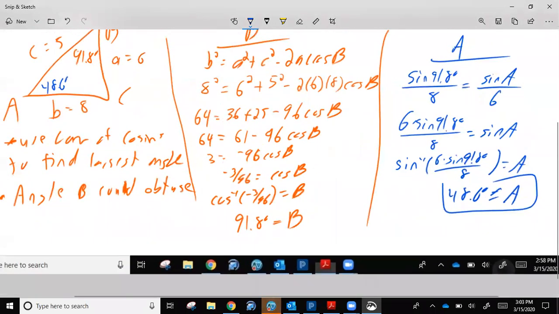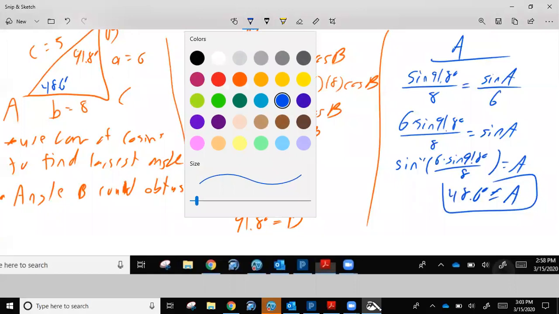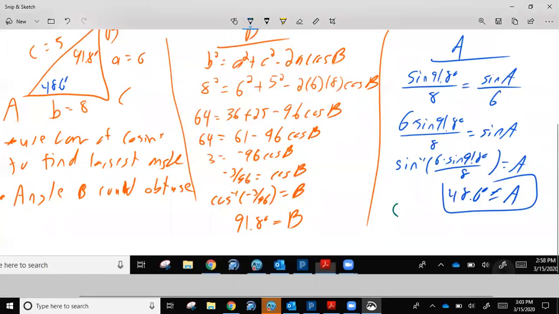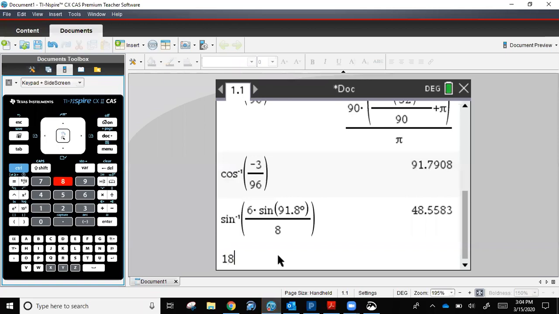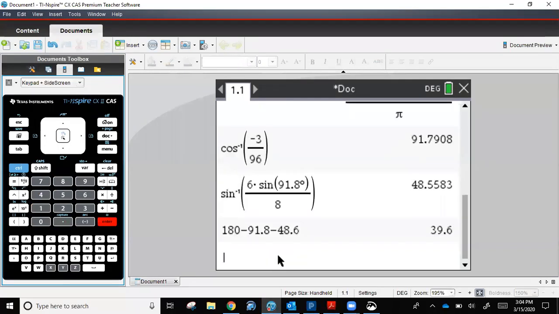And from there, we can quickly figure out angle C, because again, I hope we know, all three angles of a triangle add up to be 180. So 91.8 plus 48.6 plus C is 180. So angle C would be 180 minus 91.8 minus 48.6, which gives us roughly 39.6.